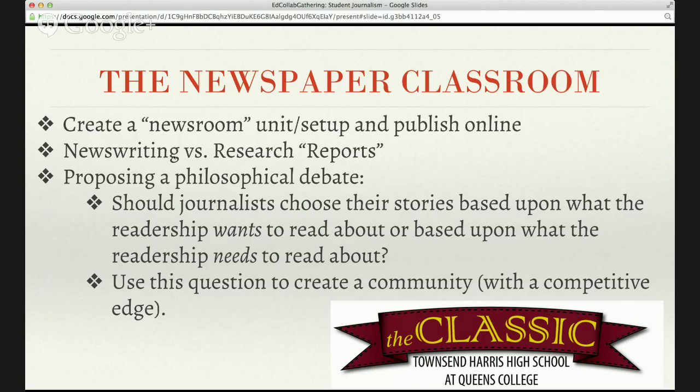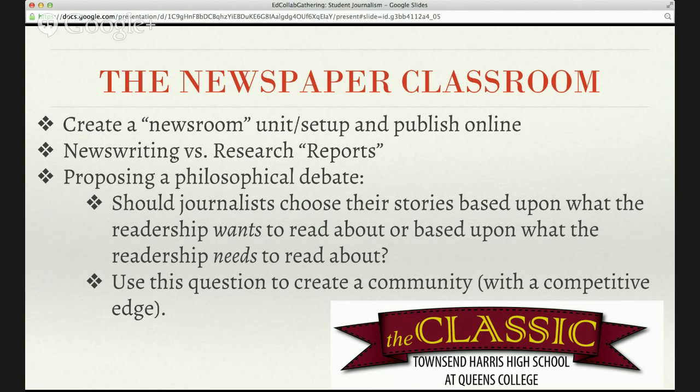The latter, finding need-to-know stories, is hard, because sometimes it's not too easy to get people interested in things that are kind of boring. If we're going to compare the specifics of what's going on with healthcare law to what Brad and Angelina are doing, Brad and Angelina are going to win out.